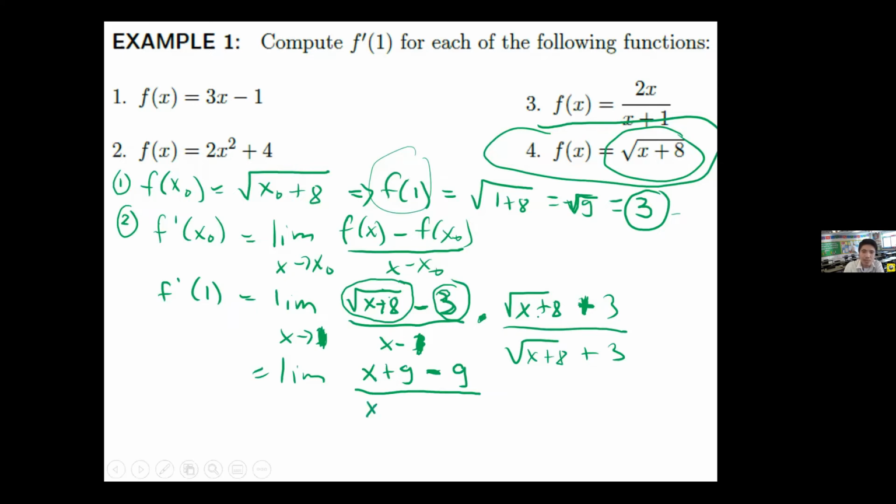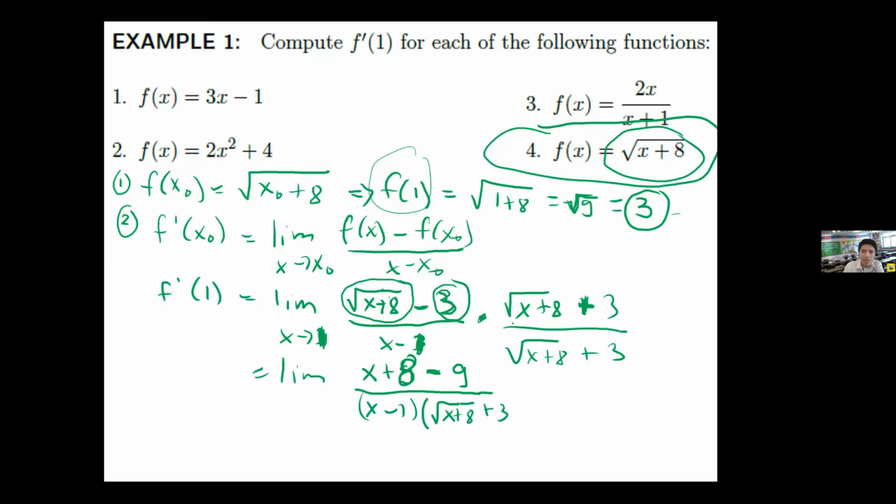x minus 1, then, sorry, this should be 8. 8, sorry. So x minus 1 times the quantity of the square root of x plus 8 plus 3.